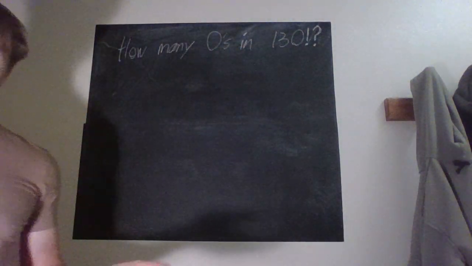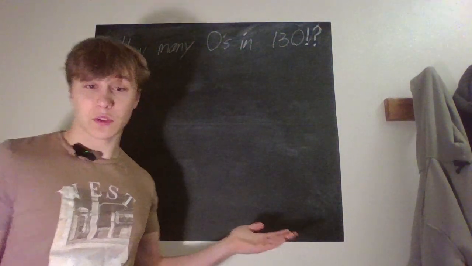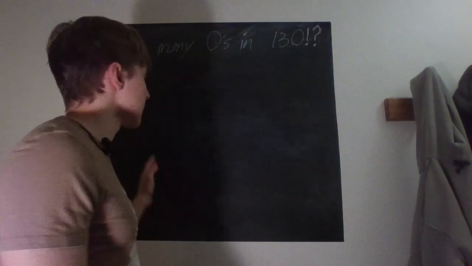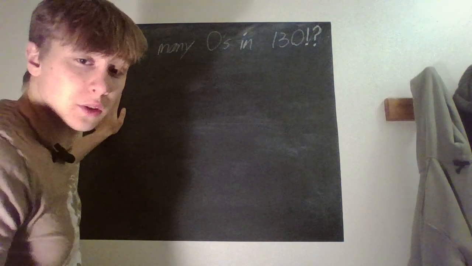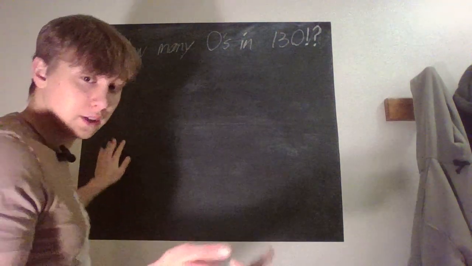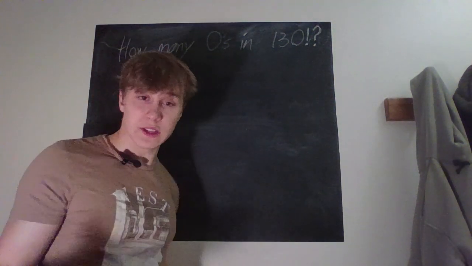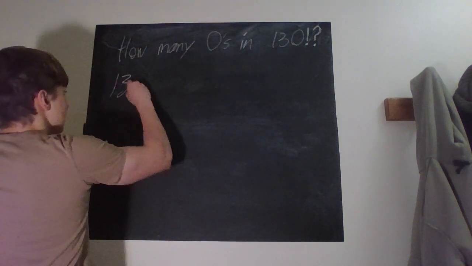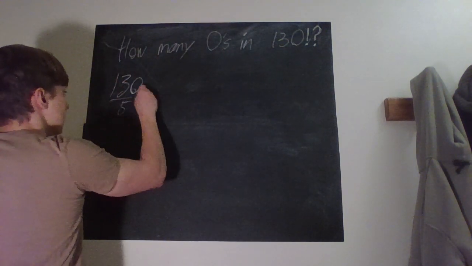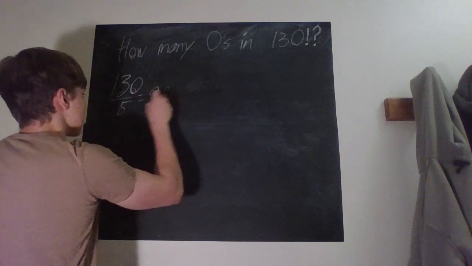Well, calculating how many of all the numbers up to 130 are divisible by 5, that's really easy. That would just be 130 divided by 5, which is equal to 26.